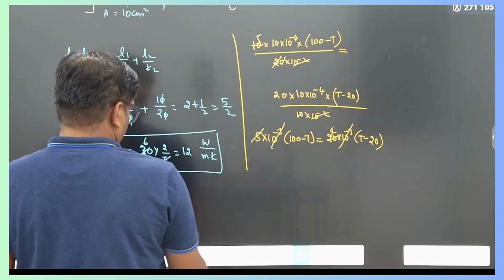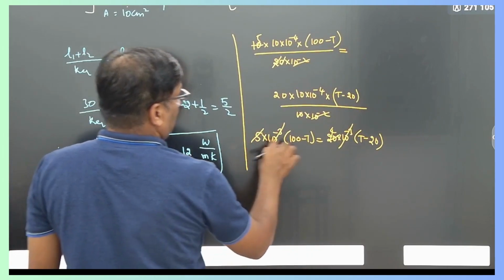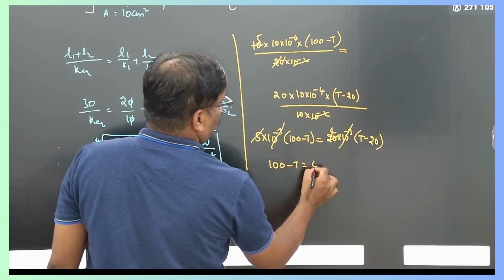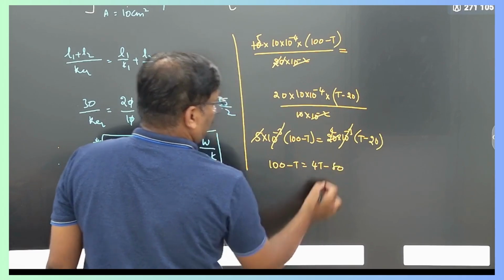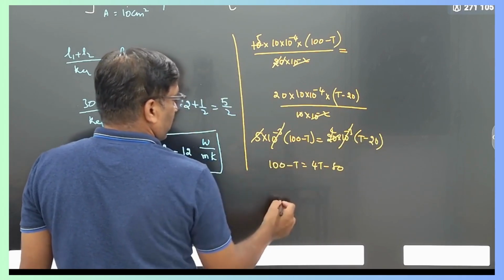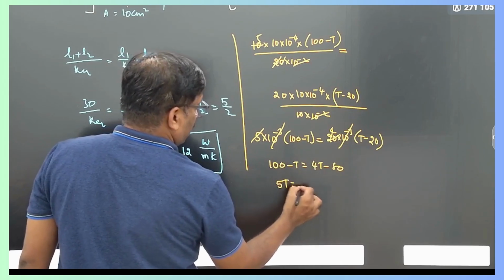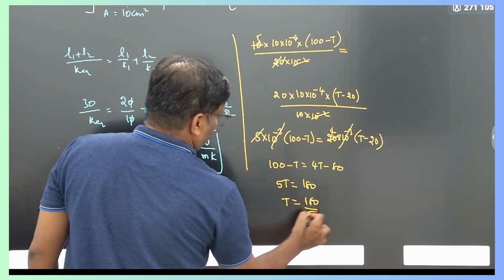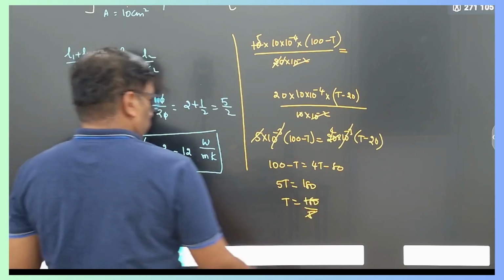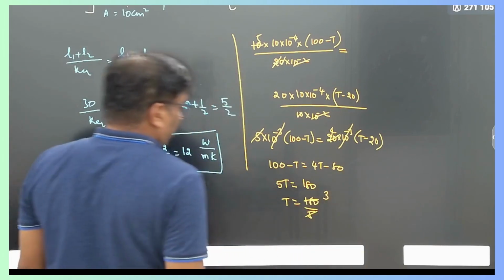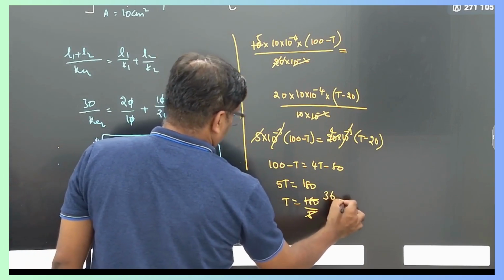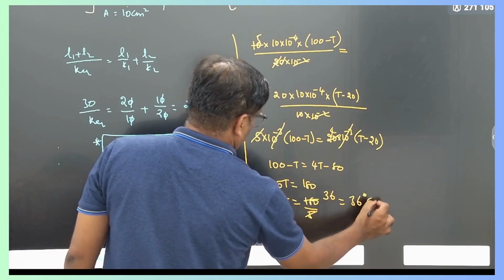Now you can solve it. Therefore 100 minus T equals 4 times T minus 20, that is 4T minus 80. So 5T is equal to 180. So T is equal to 180 by 5, therefore 36 degrees centigrade.